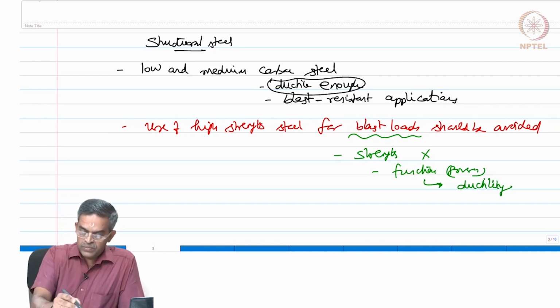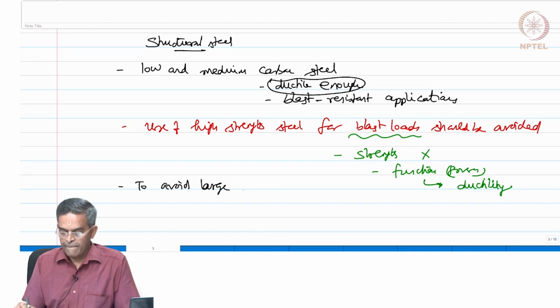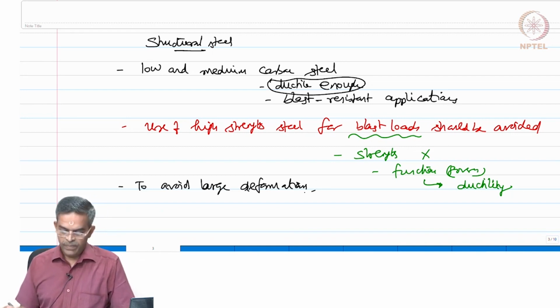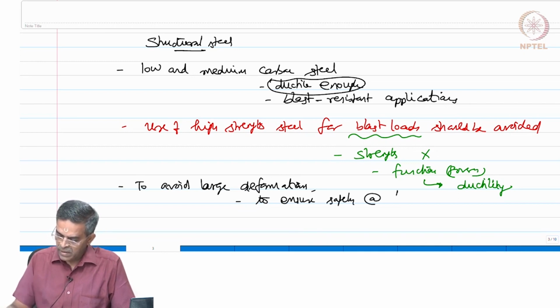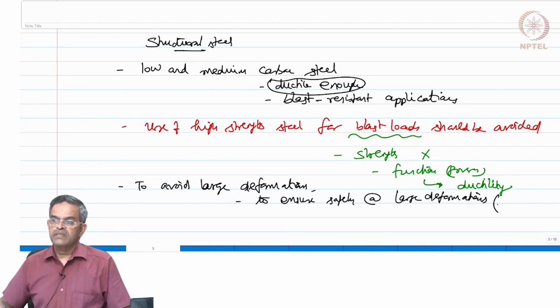So, therefore, friends, to avoid large deformations, or to be very specific, to ensure safety at large deformations, let us put it like this. Because when you talk about blast resistant design, large deformations or large displacements will anyway be present, you cannot avoid that.